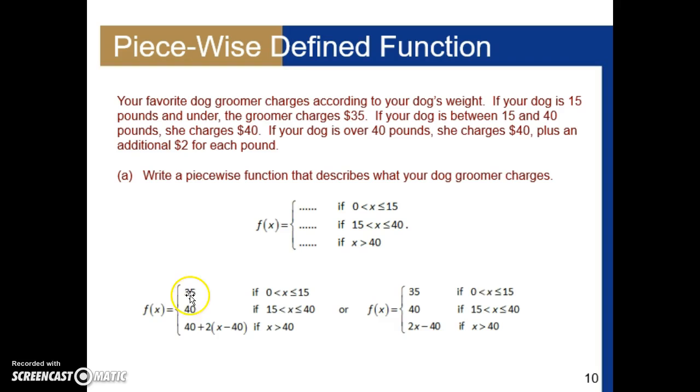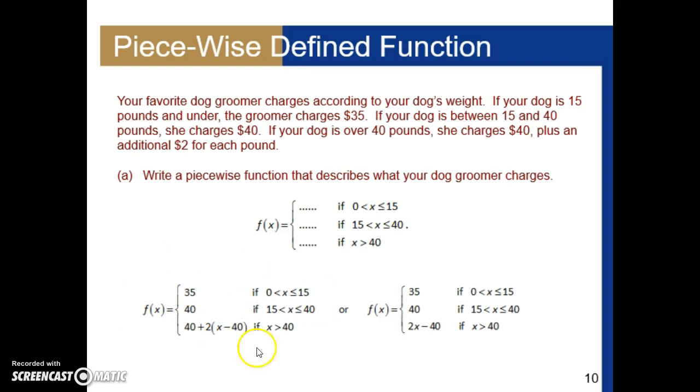Now, the behavior of how that gets handled is based on what's happening here. All dogs from 0 to 15 pounds, it's a standard flat rate of $35. All dogs from 15 to 40 pounds, a standard flat rate of $40. But if they're over 40 pounds, then she charges $2 additional for each pound over 40.